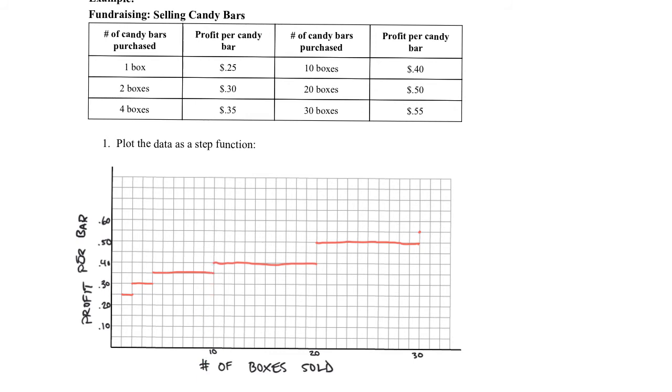Now, in order to decide that, I have to go up to the table. Here's 10. It says the profit is 40 cents. So that means that at 10, 40 is included and 35 is not included. So that tells me that I'm closed circle on the left, open circle on the right, and then you can just copy that pattern to the rest of the step function.